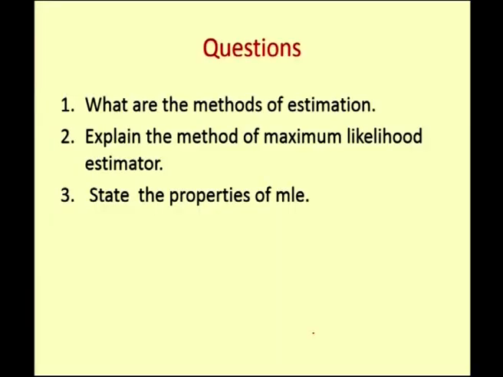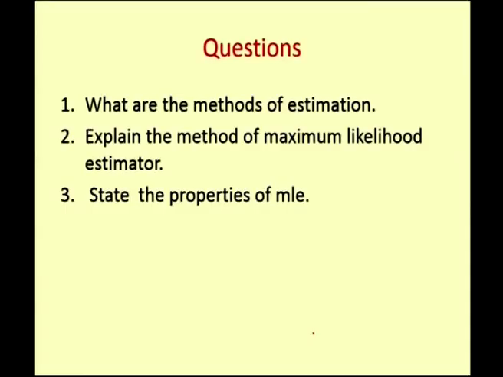Here you have certain questions to be answered. First, what are the methods of estimation? Second, explain the method of maximum likelihood estimator, giving detailed notes on the MLE, with the procedure like step 1, step 2, step 3, etc. Then you have to state the properties of MLE, namely that it is consistent, unbiased, and most efficient.